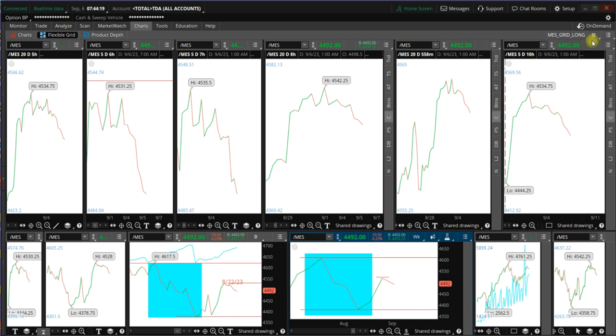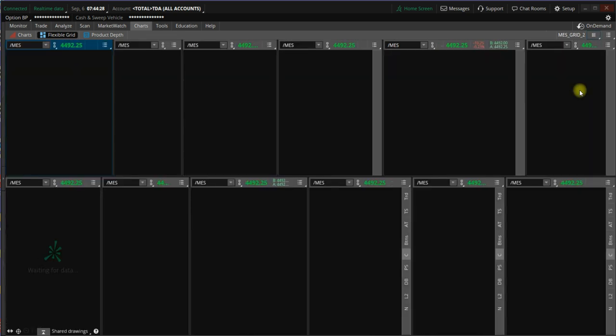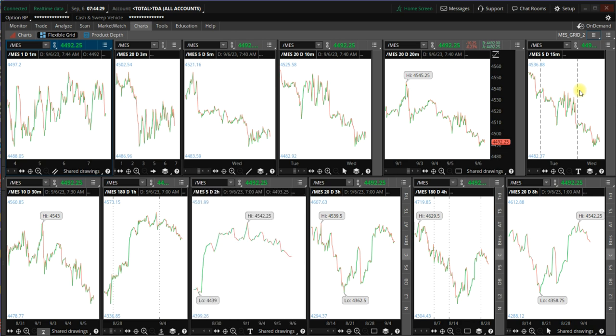So what we do, we go from the macro grid to the microgrid. And here you can find your entry points. I think I did that on the grid here.